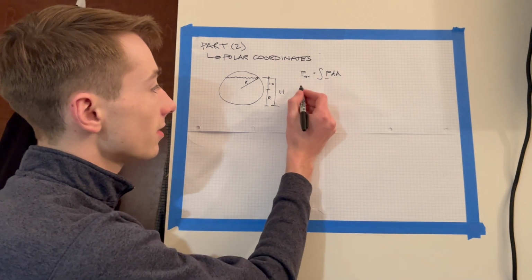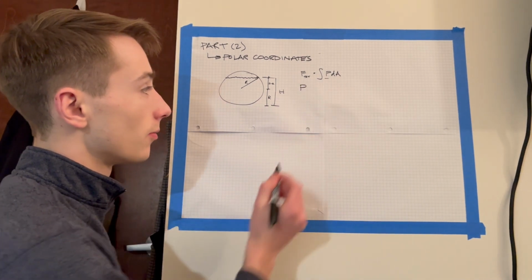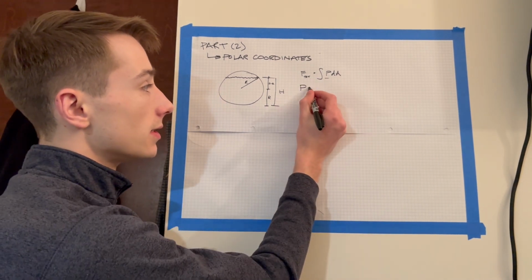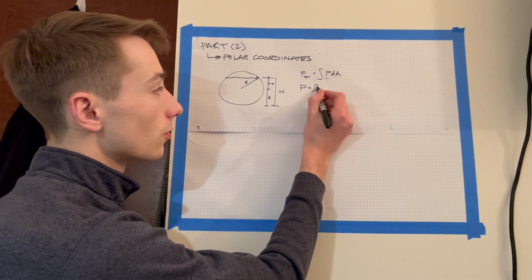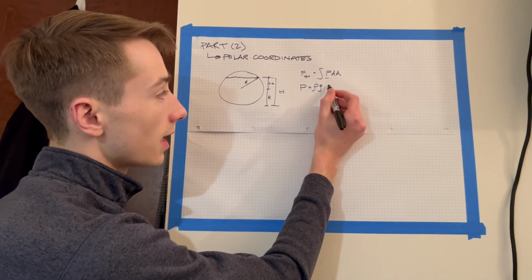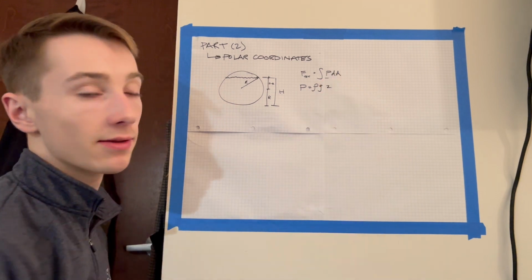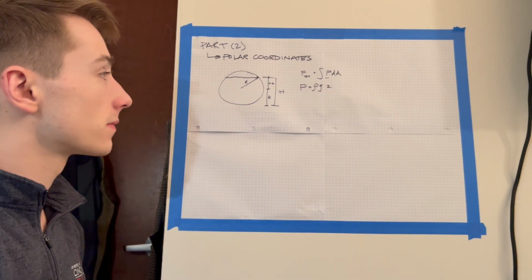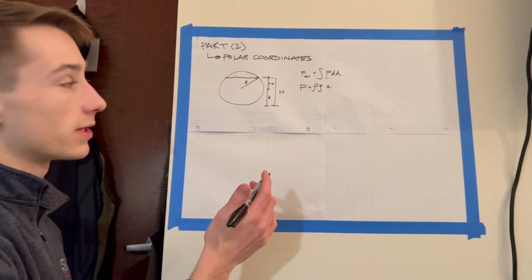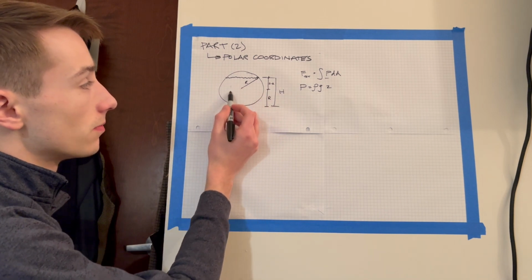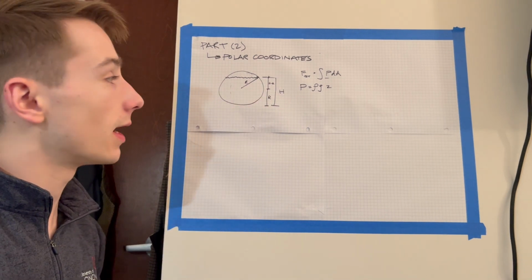That one's going to be pretty straightforward, and just like before in all of our pressure problems, pressure is equal to rho g times some depth in the fluid z, okay? And obviously in this problem, the depth increases as you go below the water height.